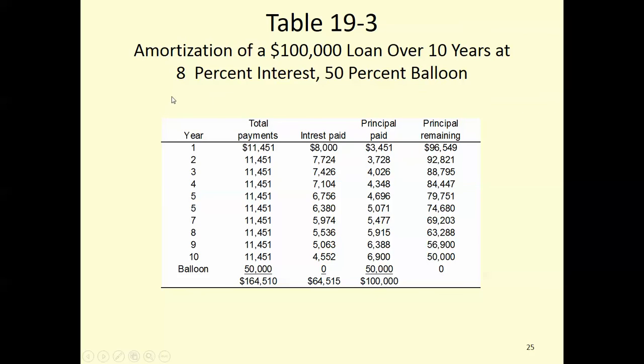Okay, so for example, here's an amortization of a $100,000 loan over 10 years at 8% interest with a 50% balloon. So basically, folks, what's happening here is this. Because this is a 50% balloon, you're only going to pay back, or amortize, $50,000, and you're just pushing back the other $50,000 until after the 10 years.